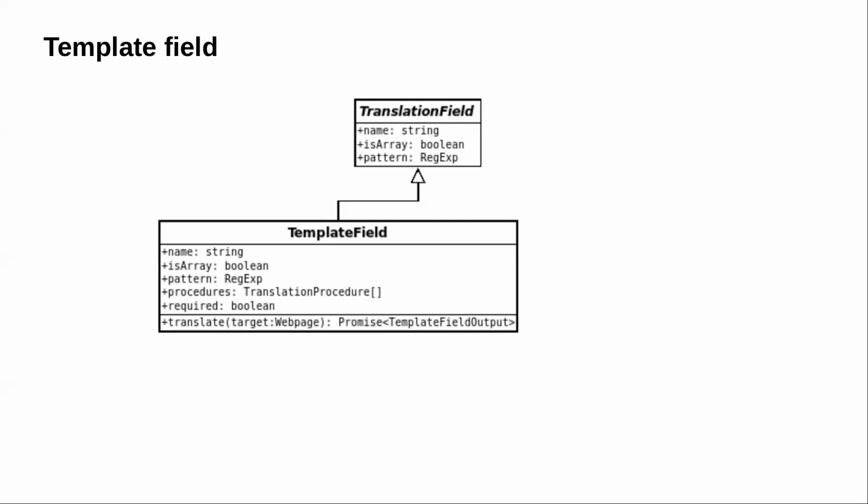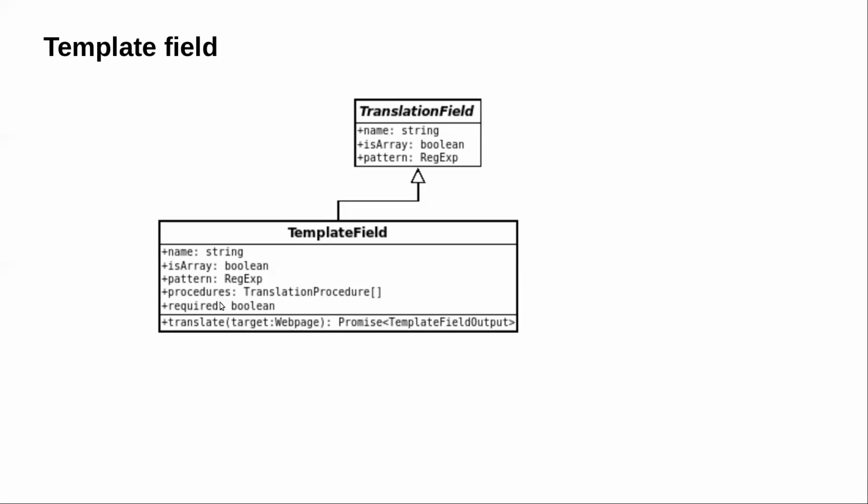If it was, for example, the field date, again, name would be date, is array would be false because we can just have one date, and pattern would be number, dash, number, dash, number, which means year, month, date, okay? If it was, for example, an author last name, then the pattern would be anything that is not an empty string, okay?